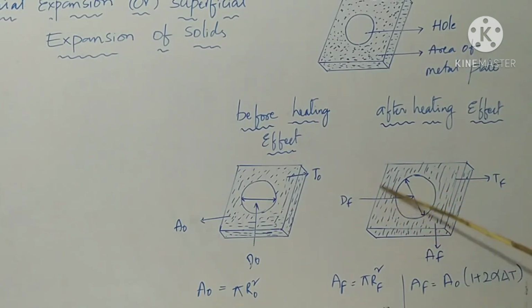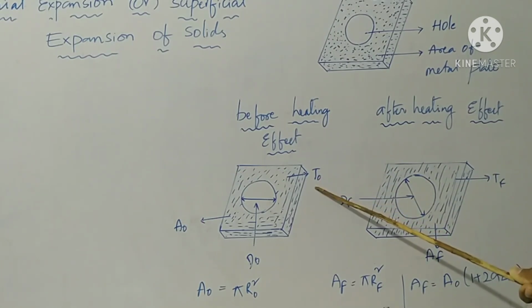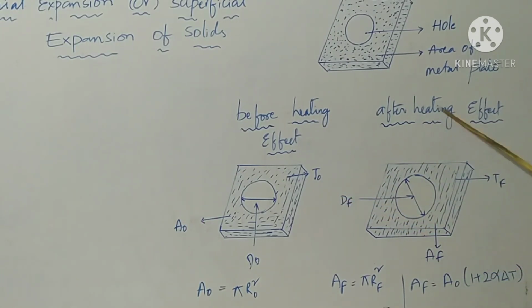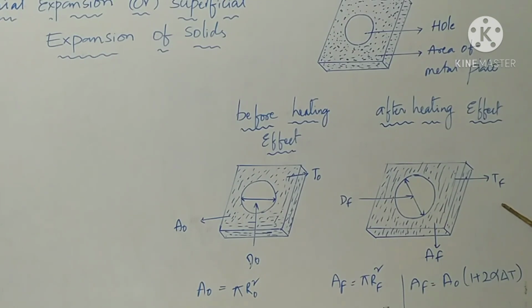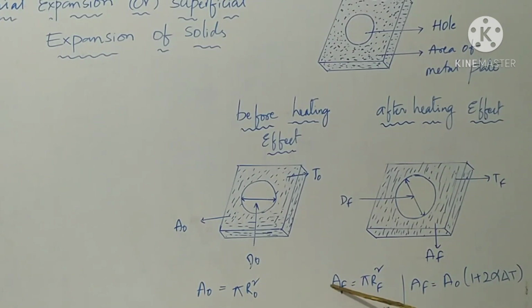Here the area of the metal plate is the final area Af. After the heating means the final temperature. This is the initial or starting temperature, and this is the final temperature. At the final temperature, the area of the hole is equal to pi rf square.